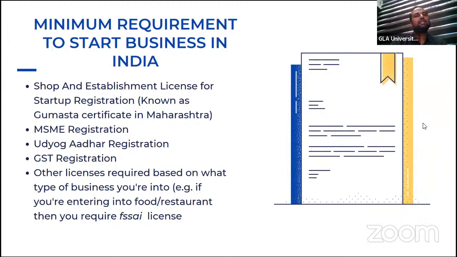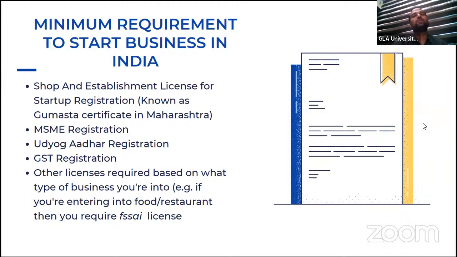Then the other licenses required are based on what type of business you are into. For example, if you want to open a restaurant or food-based business, you may need to have an FSSAI license. Or if you want to open a pharmacy shop, then you need a license from the pharmaceutical department, right?